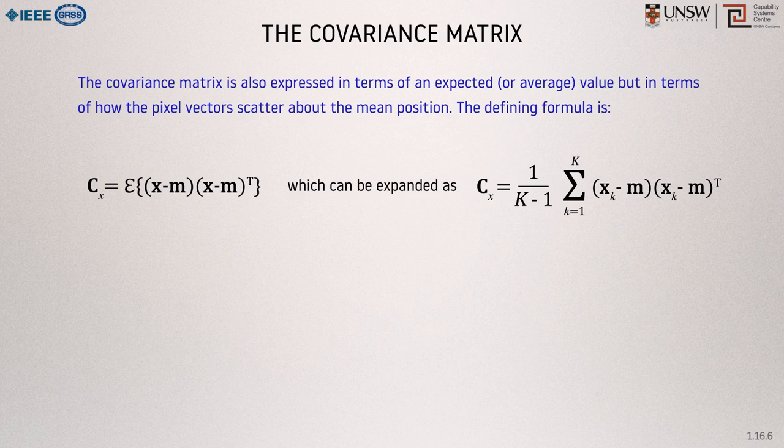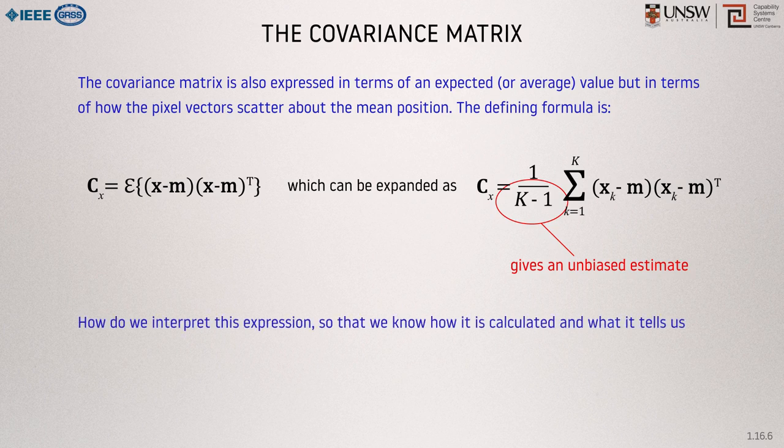If you look carefully, you can see that it is very similar in structure to the formula for variance in a one-dimensional case. Let's explore this a bit further. First, though, note that the denominator term in the average calculation is k minus 1 and not just k. That gives a better estimate.